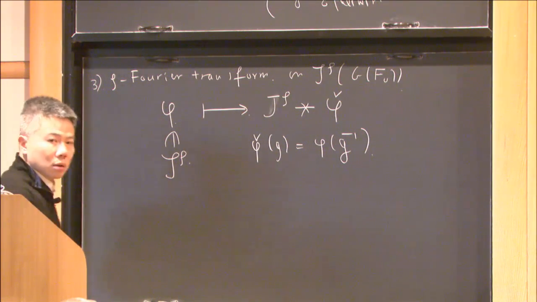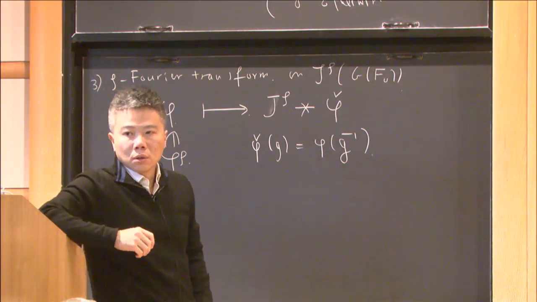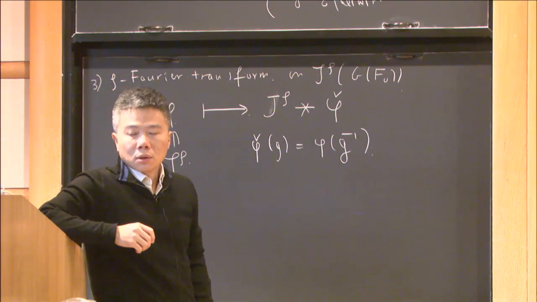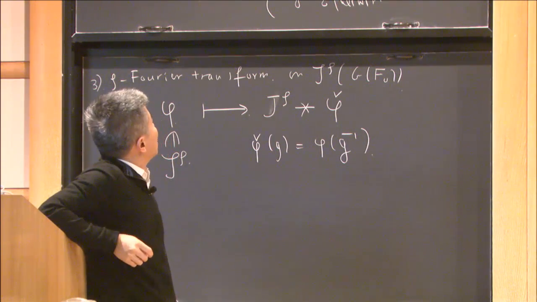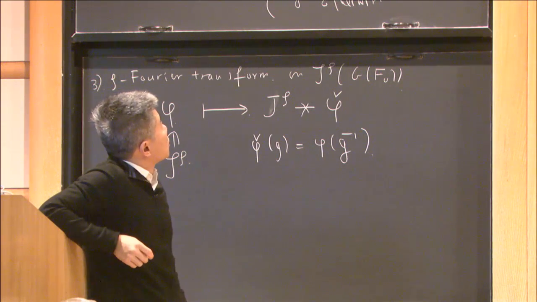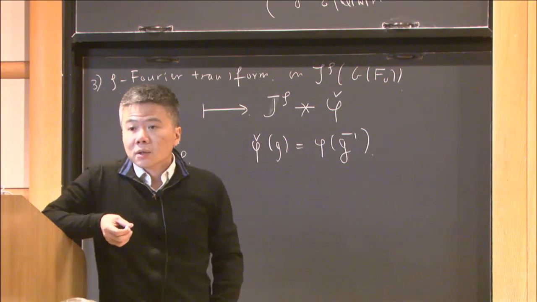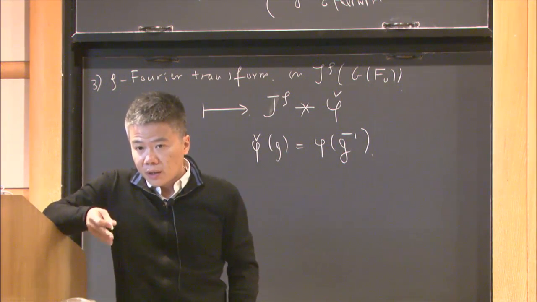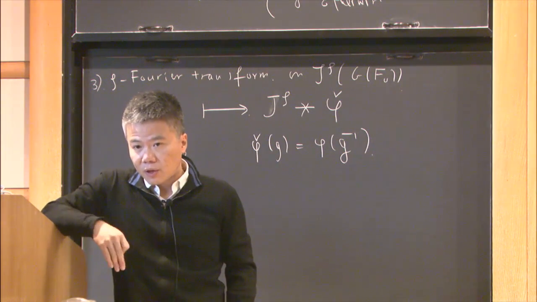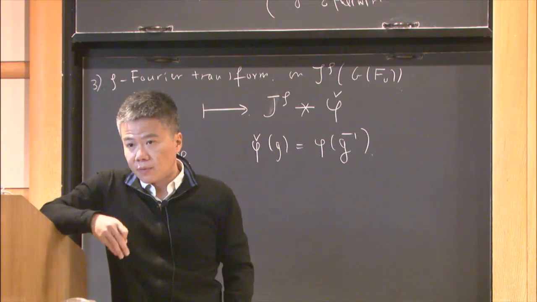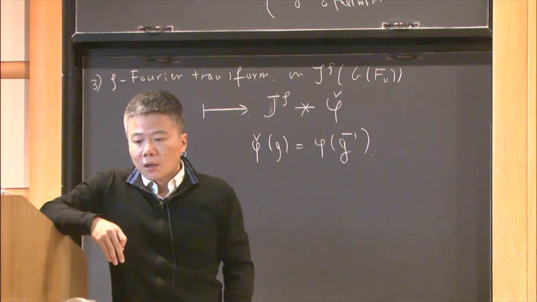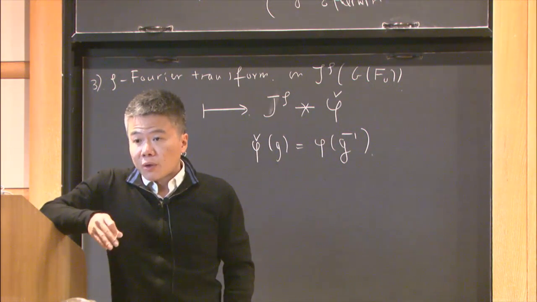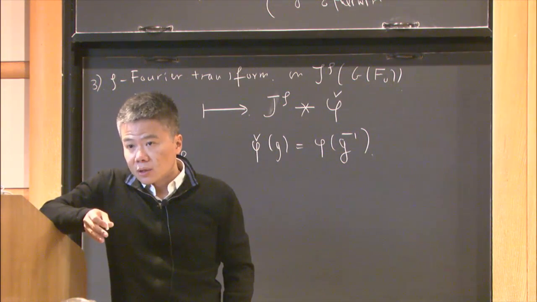Could I interrupt? You must have said what the rho-Schwartz space was, but I didn't hear the rho. What do you mean by rho-Schwartz? So that is a conjectural vector space that is supposed to generalize the space of Jacquet, the space of locally constant functions with compact support in the space of matrices.